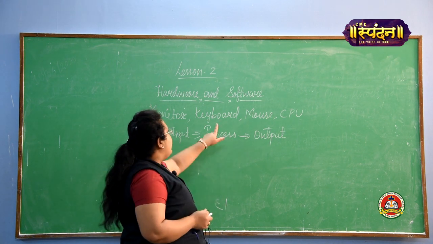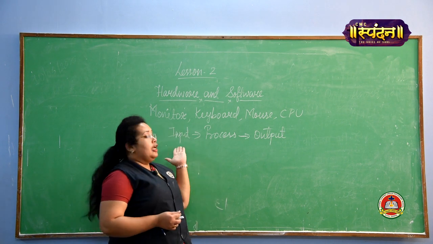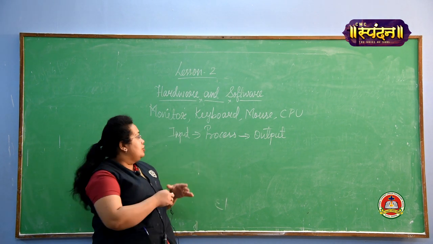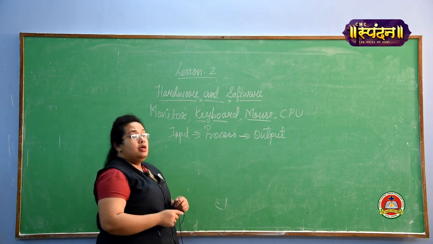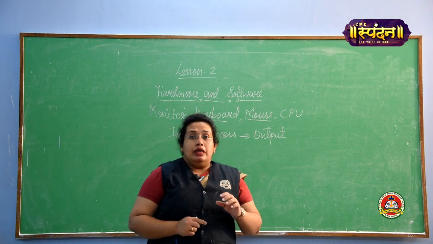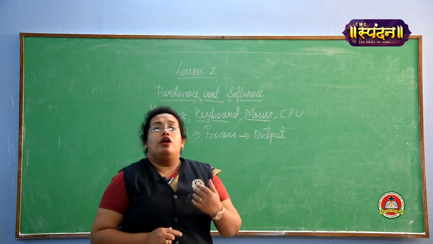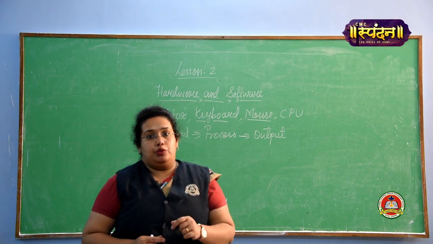From these 4 parts, keyboard and mouse both come under input device, because with the help of keyboard and mouse only we can input information or data to the computer.